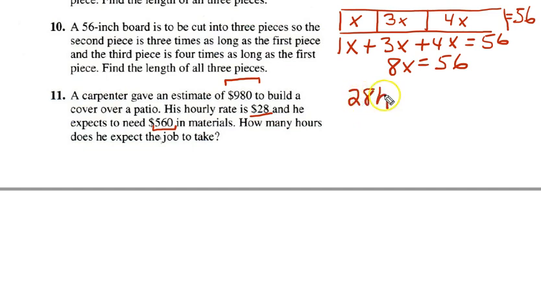So if we go 28 times 8, that'll be his hourly total cost, plus materials, $560, and that will equal the $980. And there we've converted from English into algebra, which is an important skill in this course.